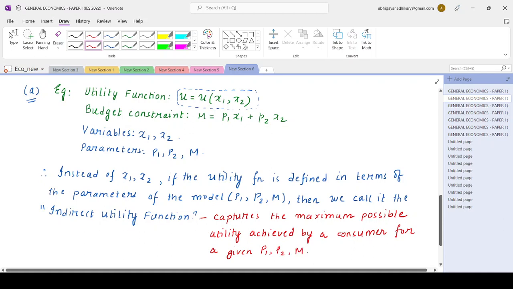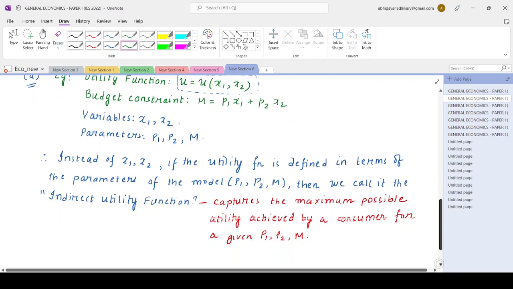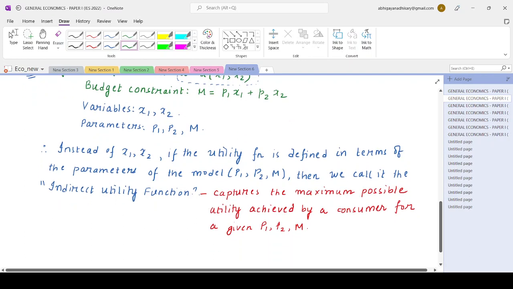Obviously, the direct utility function is required to obtain the indirect utility function. The indirect utility function will be obtained from the utility maximization exercise.